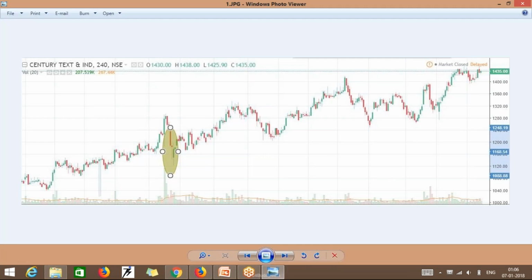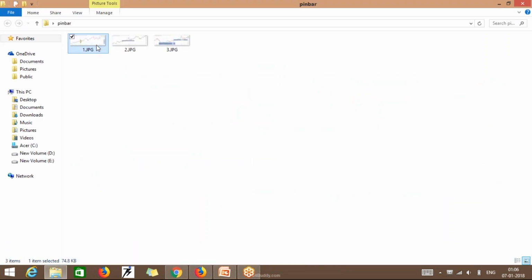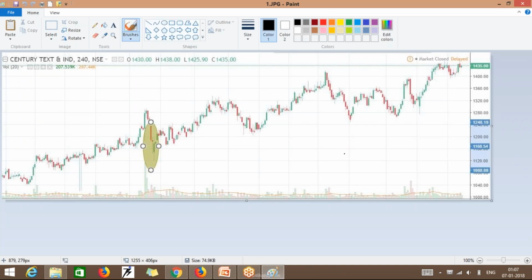So you can see this picture, this chart. Please focus on this area. You can see here a pin bar is being formed. This is the previous candle and this is the pin bar.